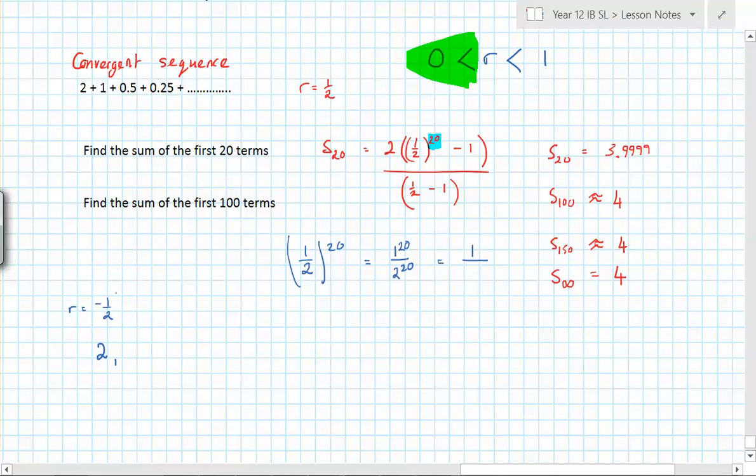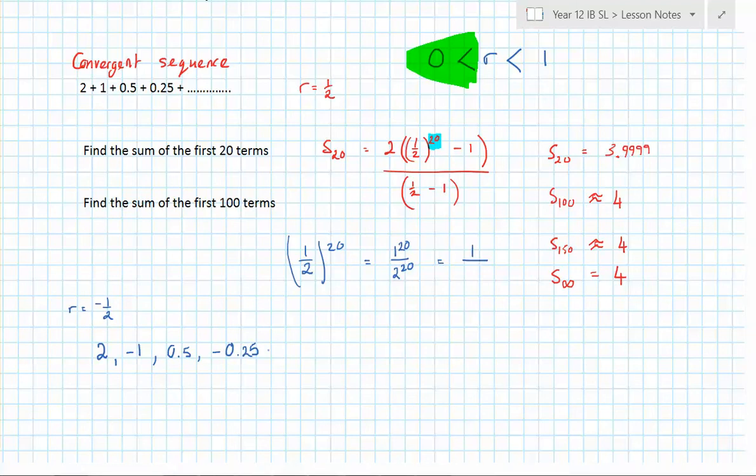What is 2 times minus a half? Minus 1. The next number will be a half. The next number will be negative 0.25. Right. I want you to consider: is this a convergent sequence? And can I find the sum to infinity of it?